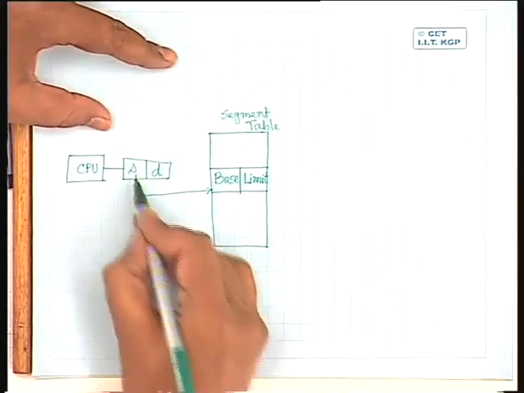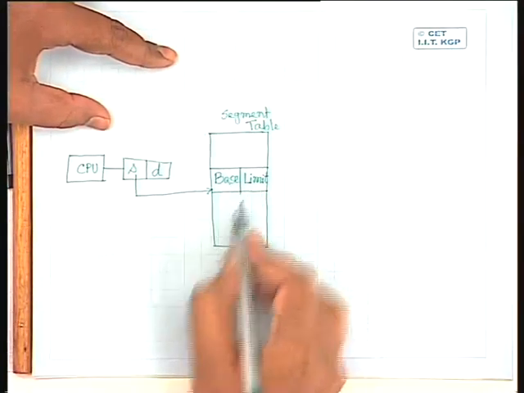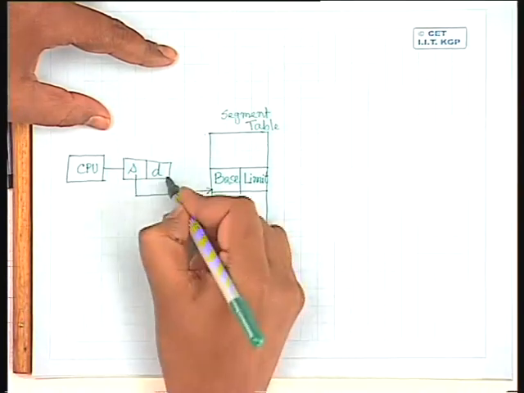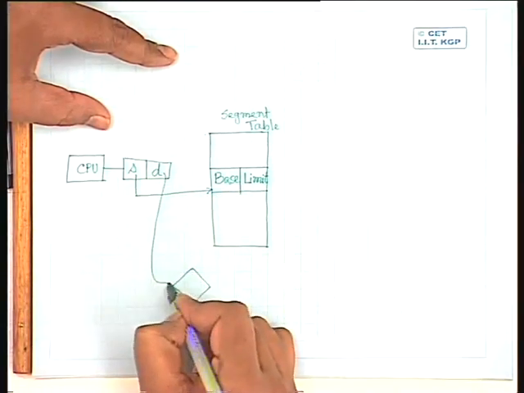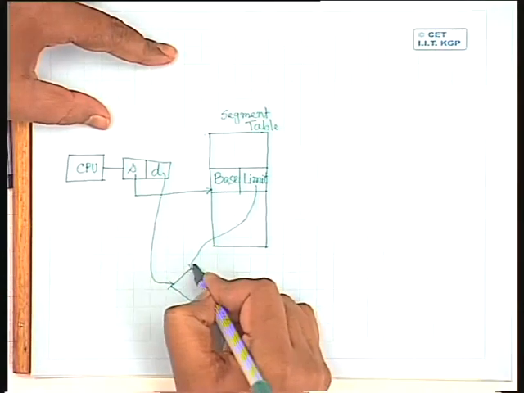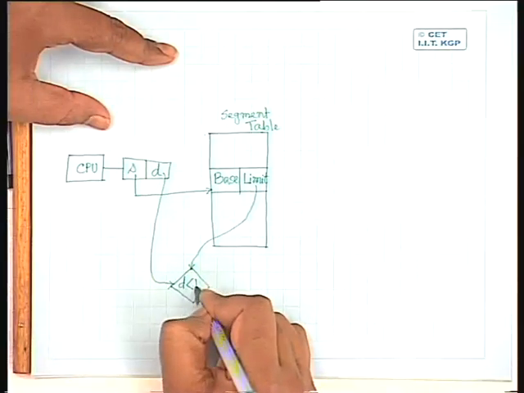Okay. So from this entry, I take out these two components, the base address and the limit. Firstly, I compare D with this limit to check whether D is less than limit or not.